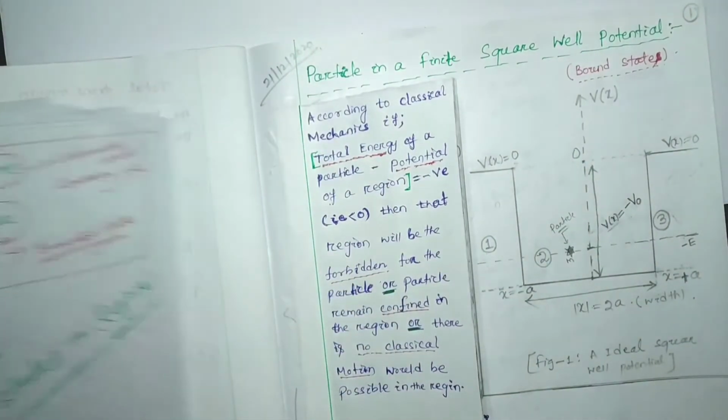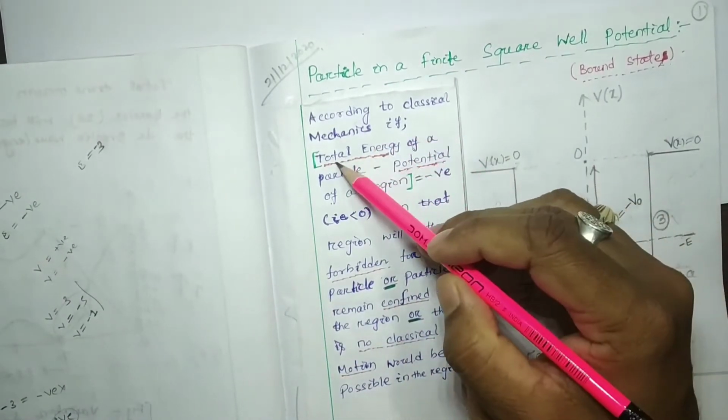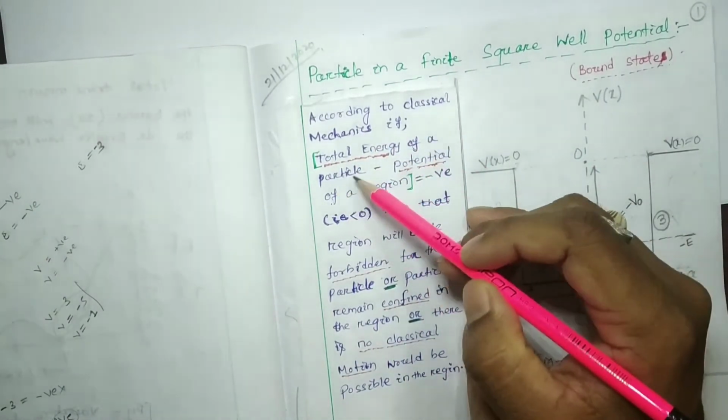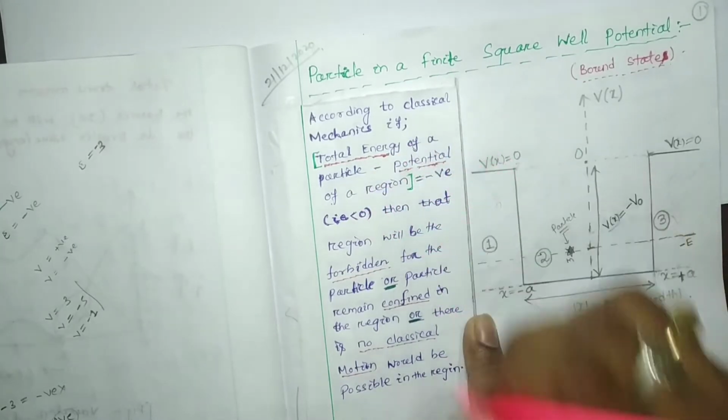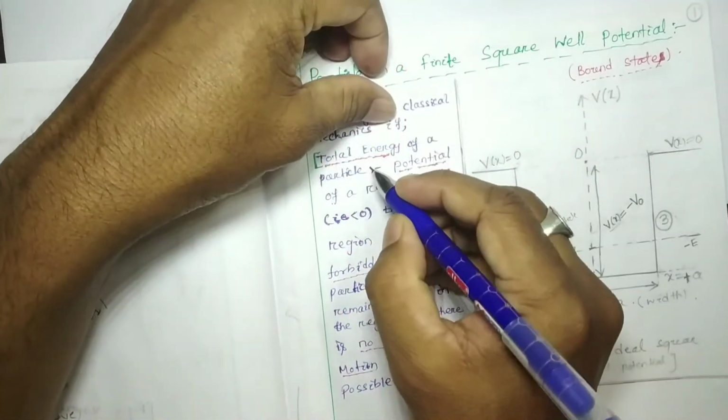So here I wrote that according to classical mechanics, the total energy of a particle, you can write E, may be positive or may be negative.